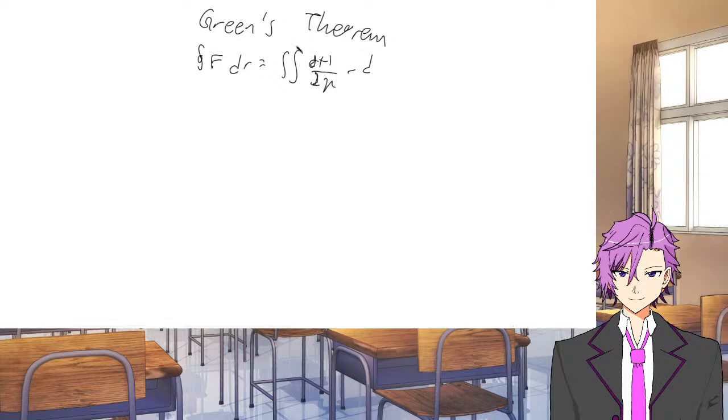Let's write the formula for Green's theorem: the line integral of F dr would be the double integral of dN over dx minus, no, not that d, it should be like this, dM over dy dA.